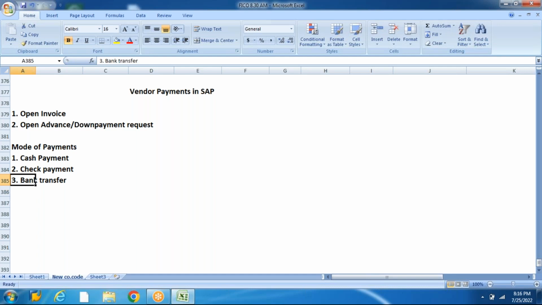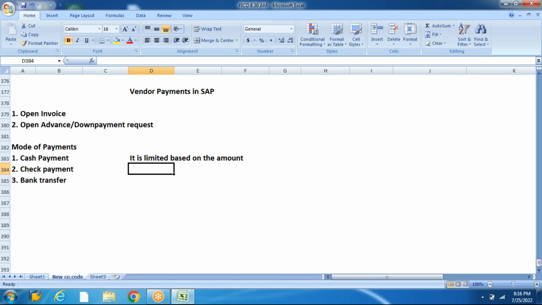Now, when it comes to cash payment, it is limited based on the amount, because you are not allowed to do cash transactions beyond a limit. Agree?